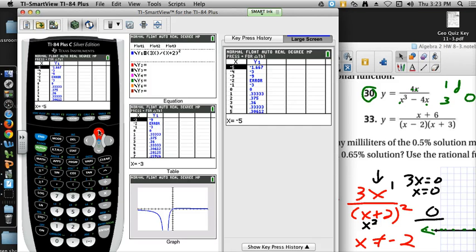All right, so we do see our asymptote at x equals -2. It says that that is an error. So let's get a few points graphed. And it continues to go negative.